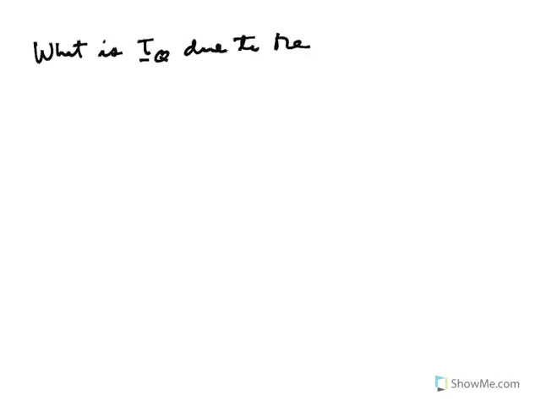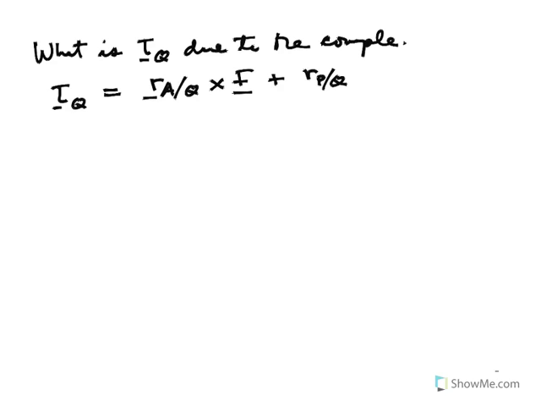So the torque relative to point Q due to the couple is going to equal the position of A relative to Q crossed with F plus the position of B relative to Q crossed with negative F.